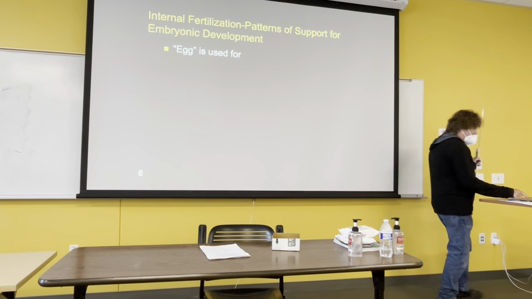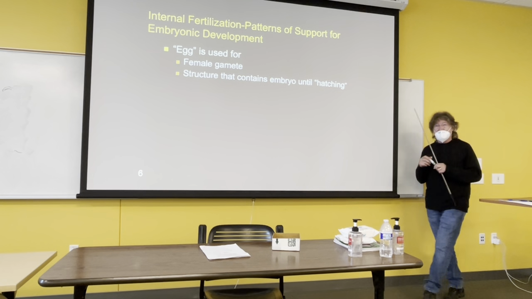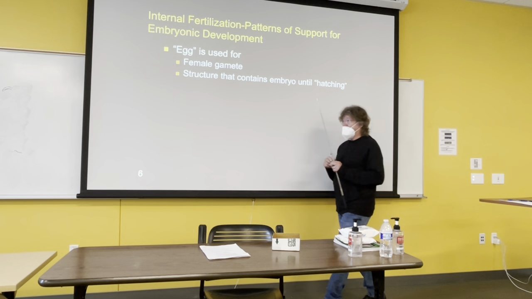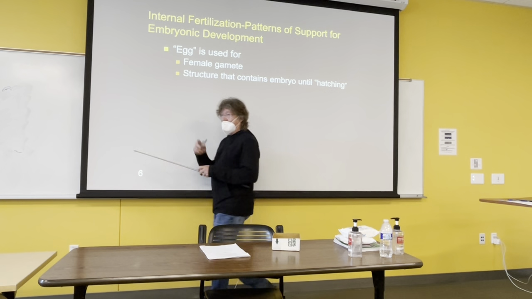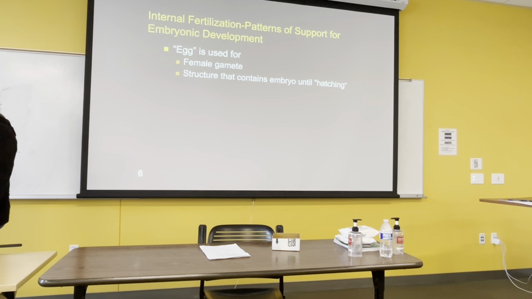But egg is also the structure that an embryo develops in. So like we start out with a chicken egg, a bird egg. First it's a gamete. It has one nucleus inside of it. It has a lot of yolk. Once it gets fertilized, we have a zygote still within that same structure.